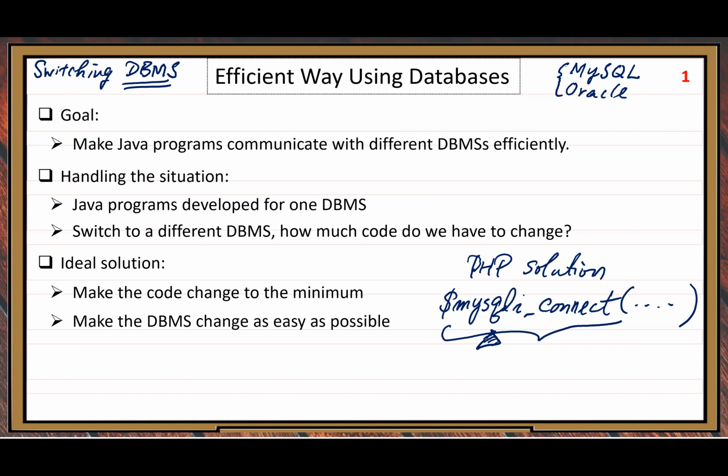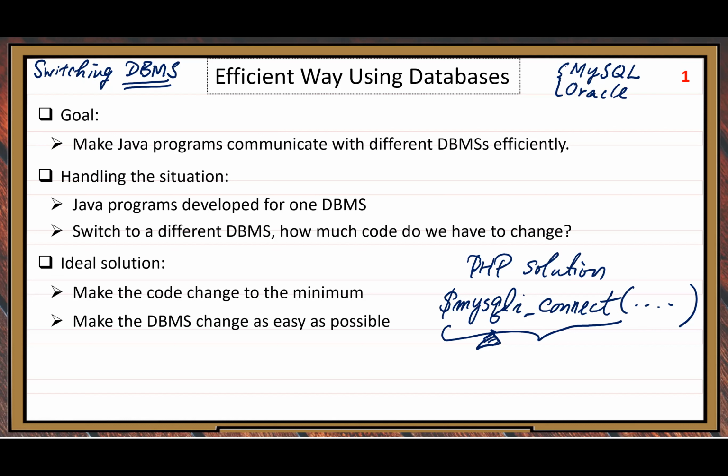But the Java team liked to find a way, one unified way, only one way. You can use the same way to connect to MySQL, connect to Oracle, connect to many different other DBMS.